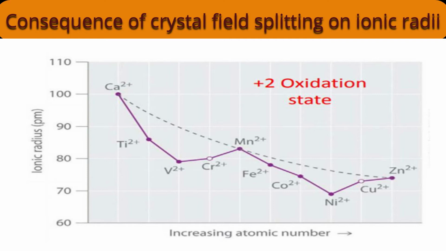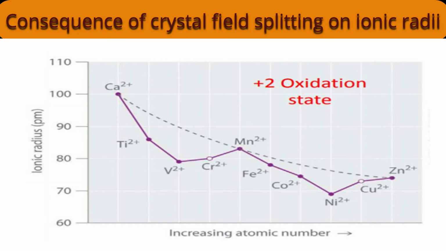Let us continue our discussion. The third element is vanadium plus 2. Vanadium plus 2 has electronic configuration d3. So all three electrons are there in the t2g orbitals. Nuclear charge relative to titanium plus 2 increases and electrons are not there in the eg orbital. Because of that, repulsion is less. Because of that, shielding of the nuclear charge from the ligand is not there.